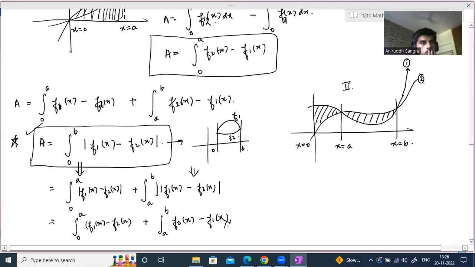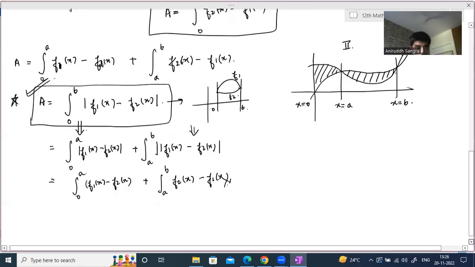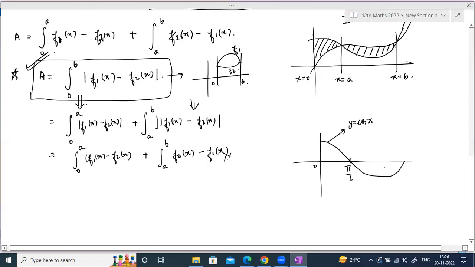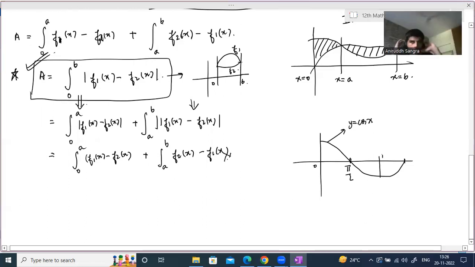That means this will always give us the right integral, the right area. Right? This is very helpful in situations where the graph is like this. Suppose this is y equals cos x, and we know that this point is pi by 2 and this is pi.